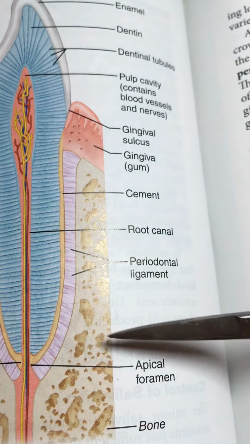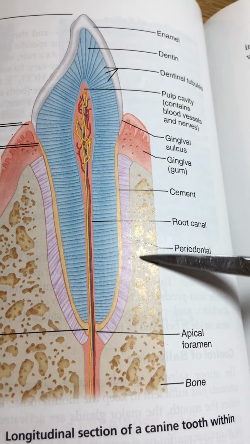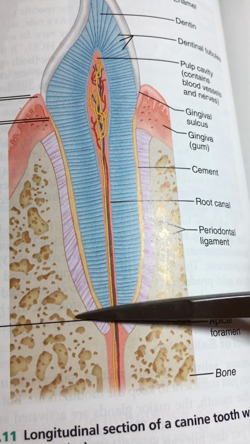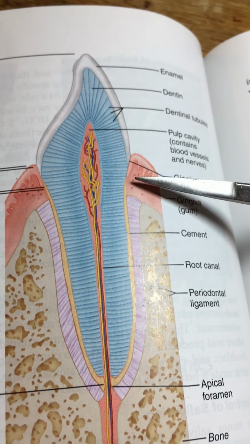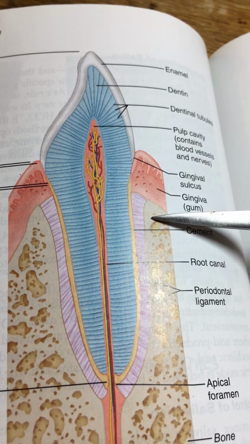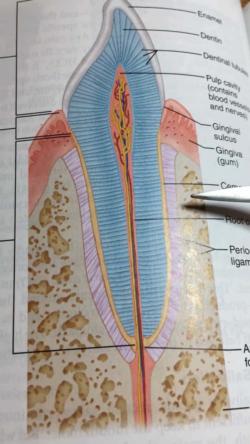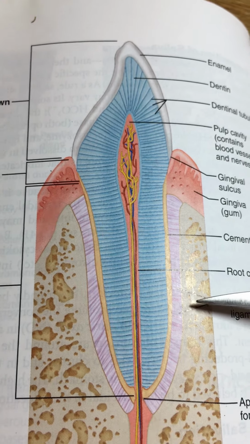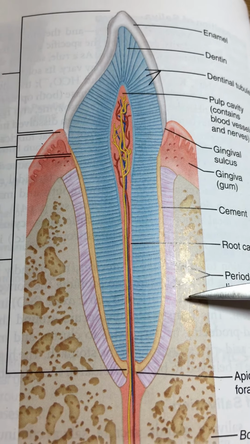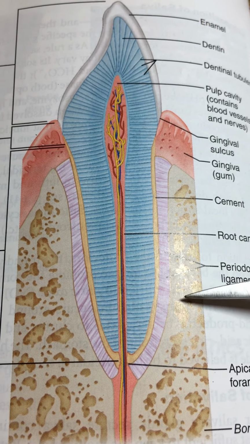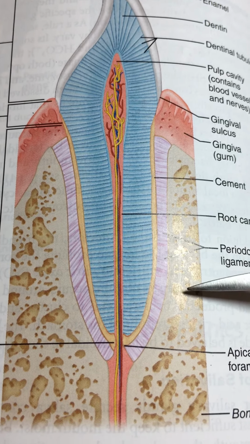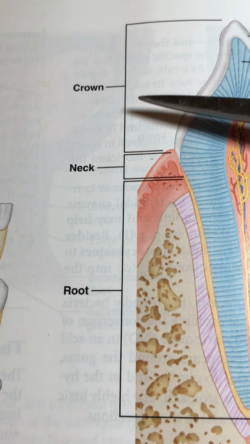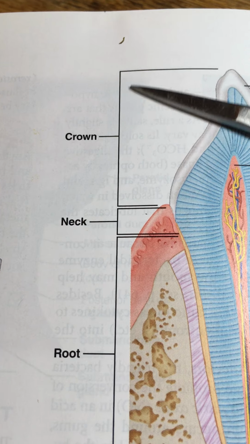Okay, so over here we see the position of the tooth in the bony structure. This is called the alveolar process of either the mandible, or if it was an upper tooth, the alveolar process of the maxilla. The teeth have what we call an articulation, or a joint, called a gomphosis. Here we have the root of the tooth, the neck of the tooth, and the crown of the tooth.